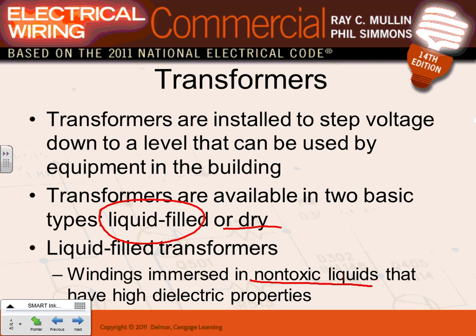That's why, with the utilities, when you get bigger transformers, they're all some type of mineral oil or other type of oil, because it cools the windings much better. The windings are immersed in some type of liquid.